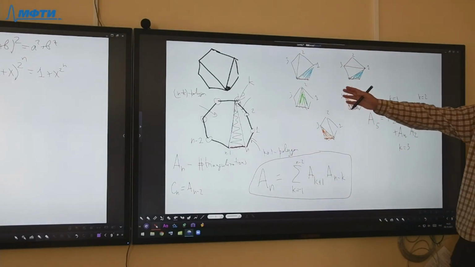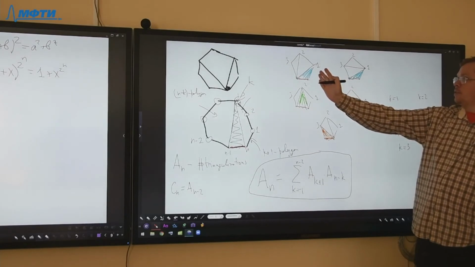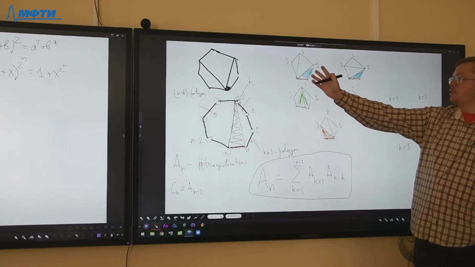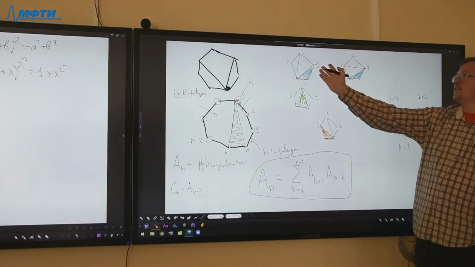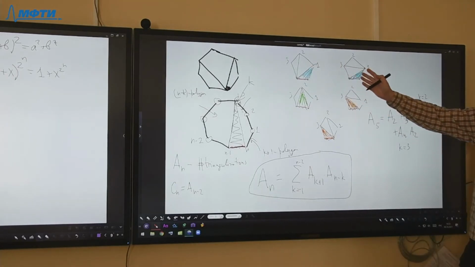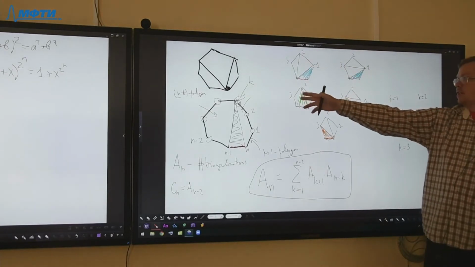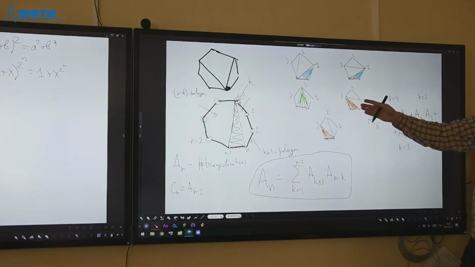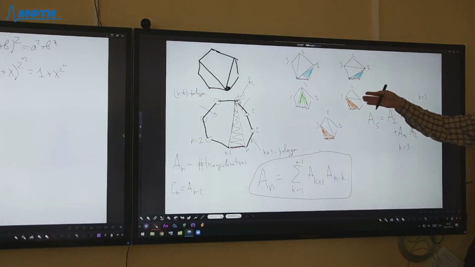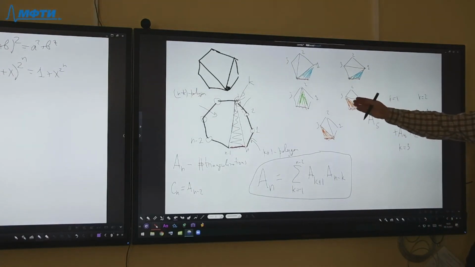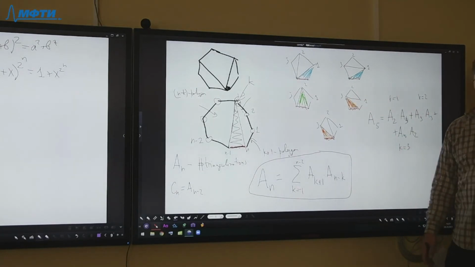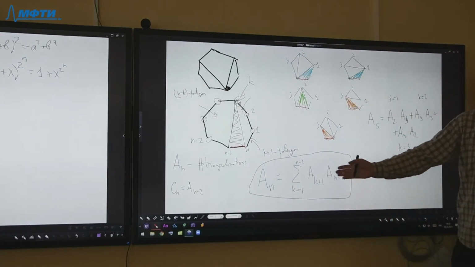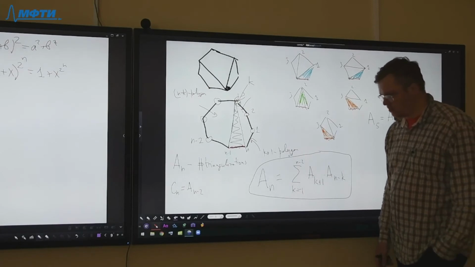Because here I'll have 0 polygon, exactly 2 polygon to the right hand side and 4 polygon to the left hand side. Here the same. Here I'll have triangles to the left and right, and here I have 0 polygon, 2 polygon to the right, and 4 polygon to the left. And that I just need to sum and check the multiplication formula.